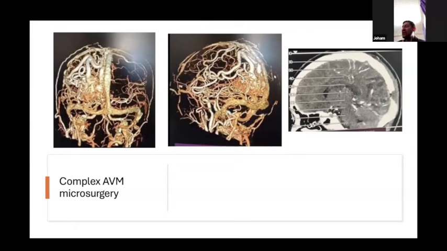She developed an acute subdural hematoma that we had to evacuate, and it also caused large brain swelling, so we had to make a craniotomy and decompression. Luckily, the patient went well. Now she has recovered, she's quite well. We are seeing how she's developing, but the malformation was totally resected.